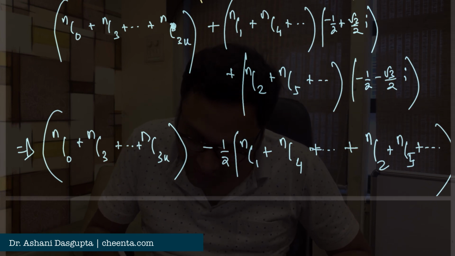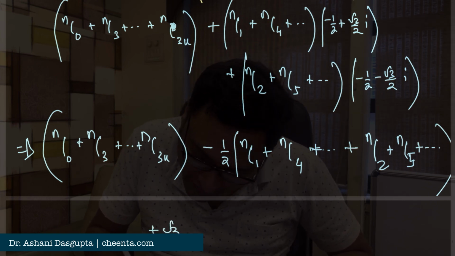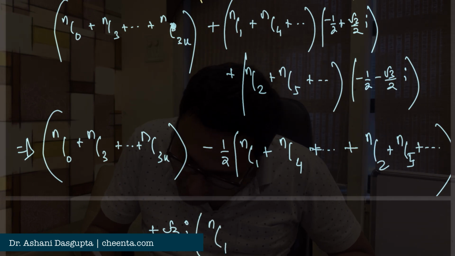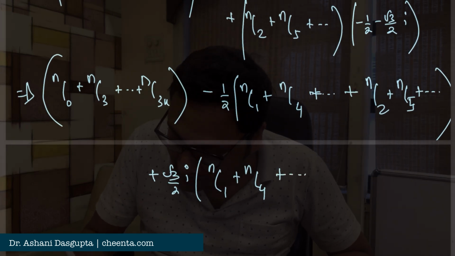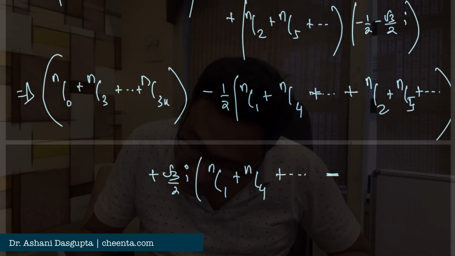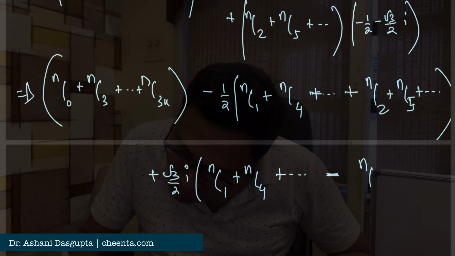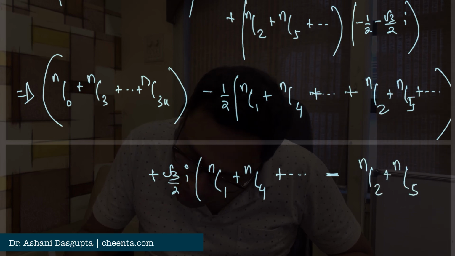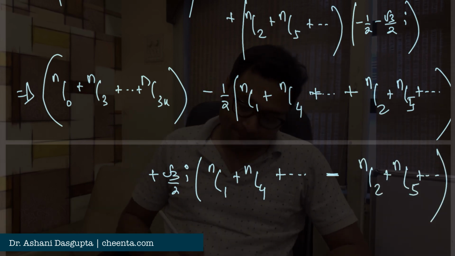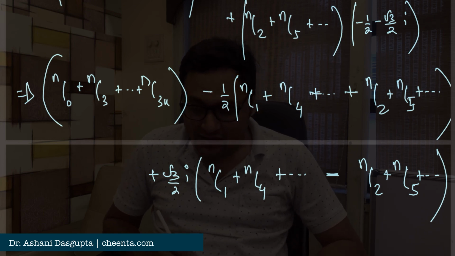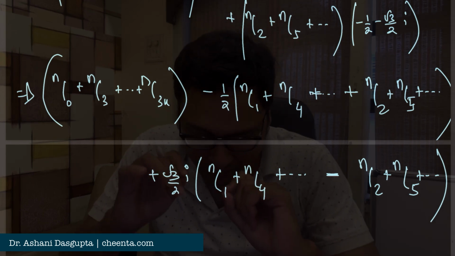And of course I can then take root 3 by 2 i times n choose 1, n choose 4, like this, minus n choose 2, n choose 5, and so on. Okay, so I'm almost there. I'm at the last step.